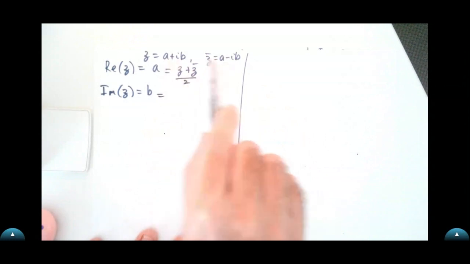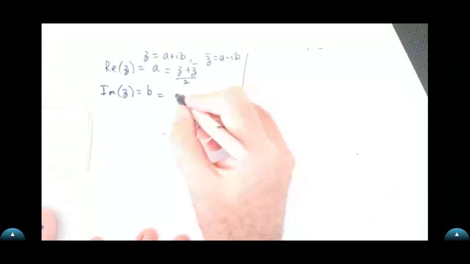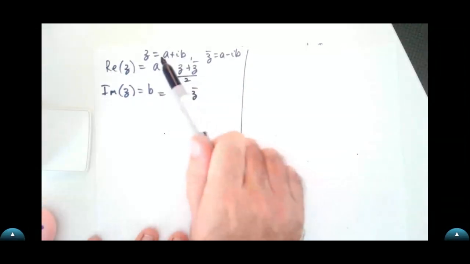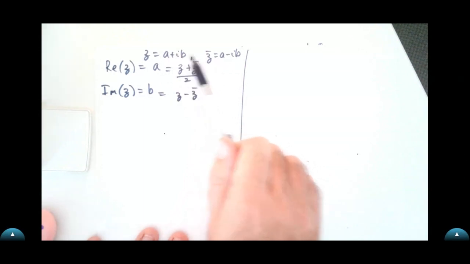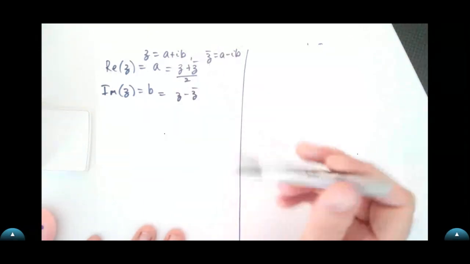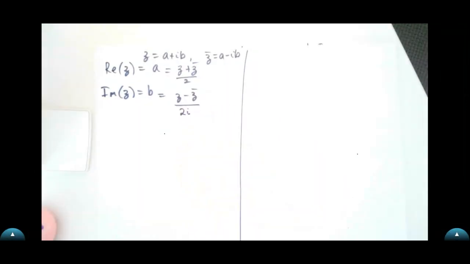Instead of adding, we want to end up with a B. So let's take away. Z minus Z bar, the A's are going to cancel. IB minus negative IB, so 2IB. And to fix that up, you're going to divide by 2I.